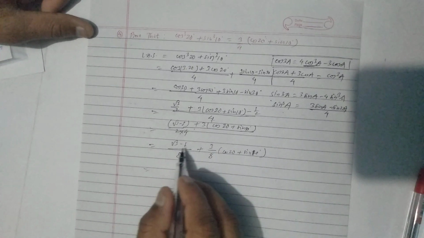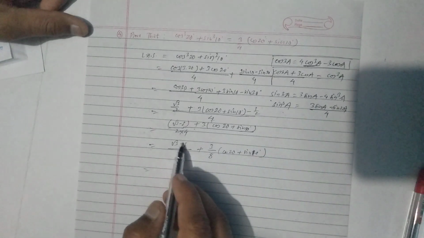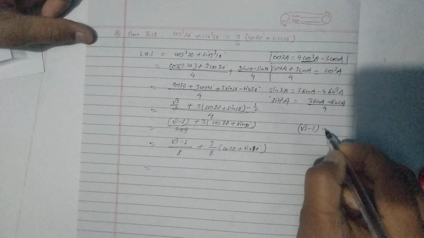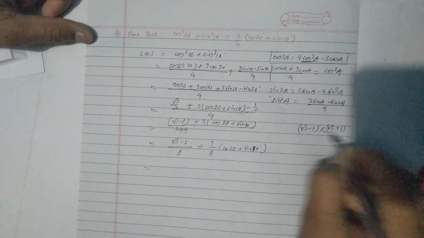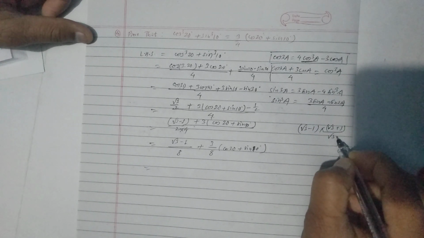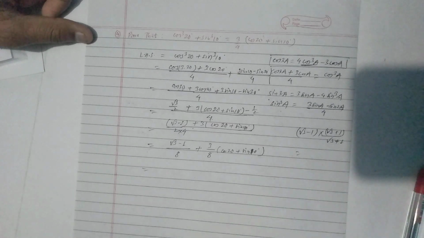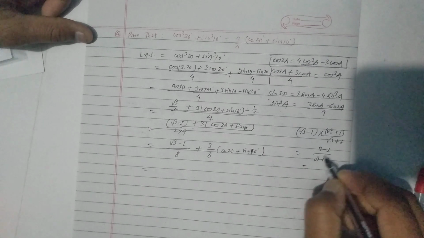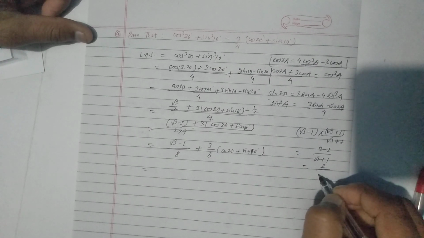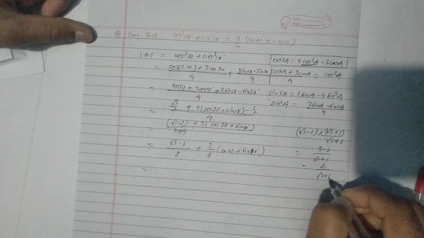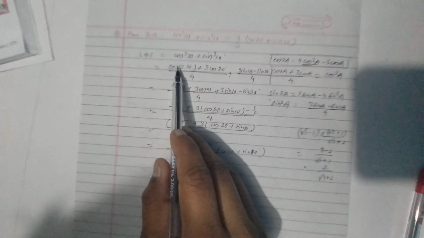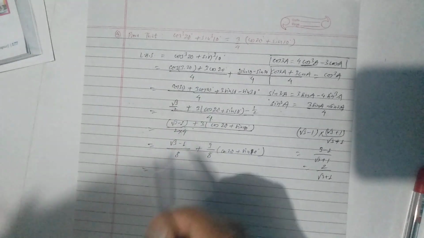Now see here, if you rationalize this one, root under 3 minus 1, this value becomes 3 minus 1 upon root under 3 plus 1 means 2 upon... So you can see here, this is cos 3 into 20 means cos 60.